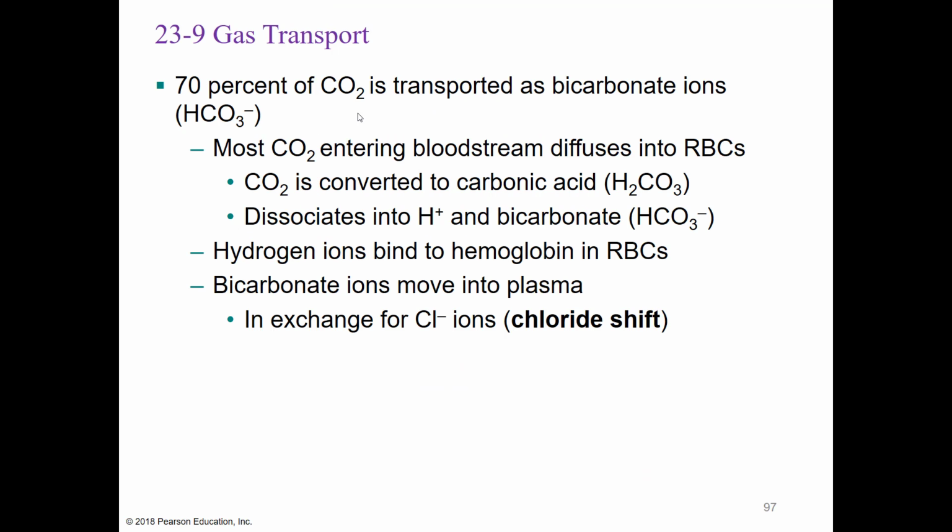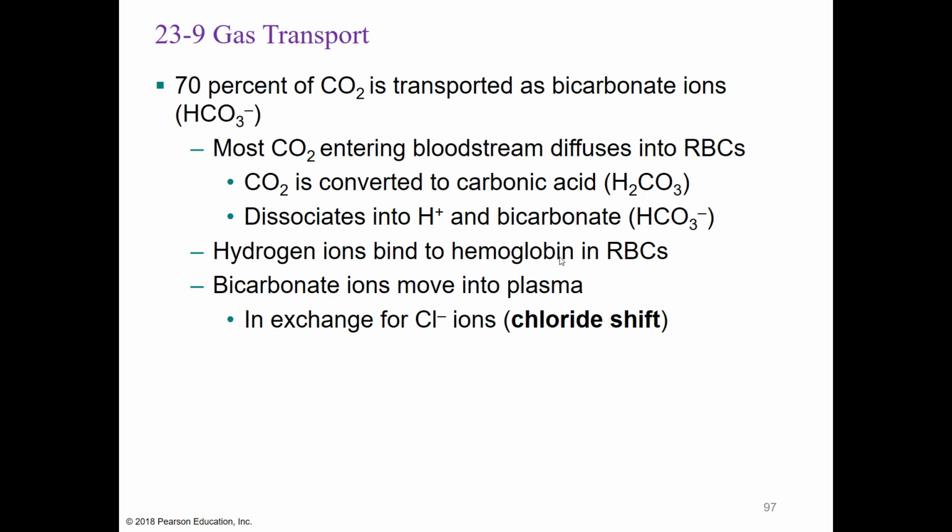Okay, so that should be written out here. 70%, we saw this, is transported as bicarbonate. Most CO2 enters the bloodstream, diffuses onto red blood cells, and the CO2 is converted to carbonic acid, H2CO3. We break that up into H+ and HCO3-.